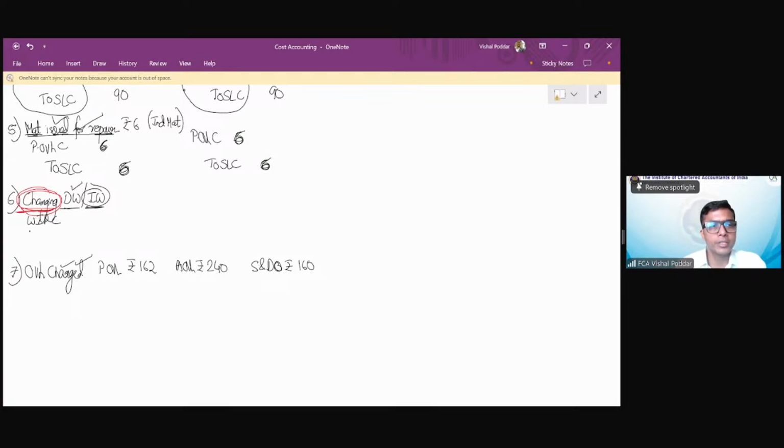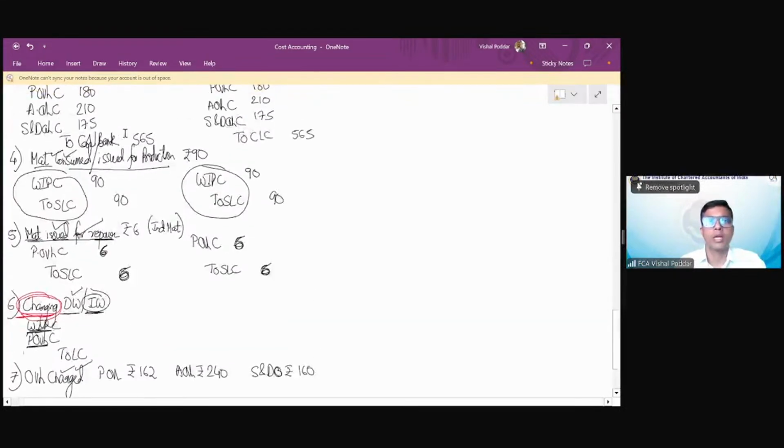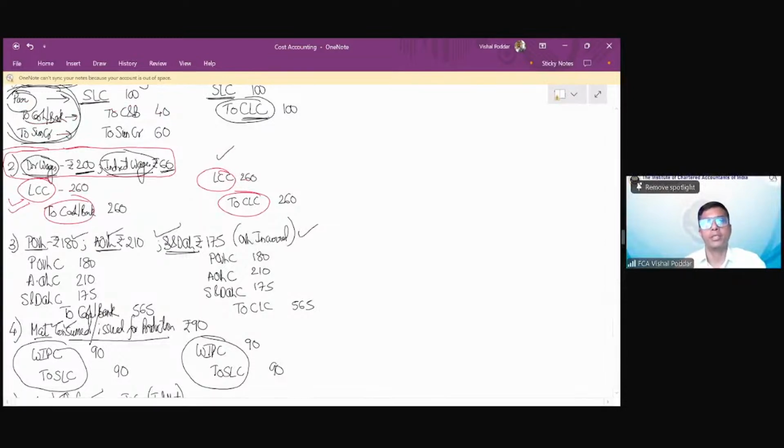Indirect wages is for the factory, so we will first transfer it to production overheads. So my entry would be: the direct wages will be transferred to WIP account, and the indirect wages will be transferred to production overheads control account, and the amount I already have is 260.